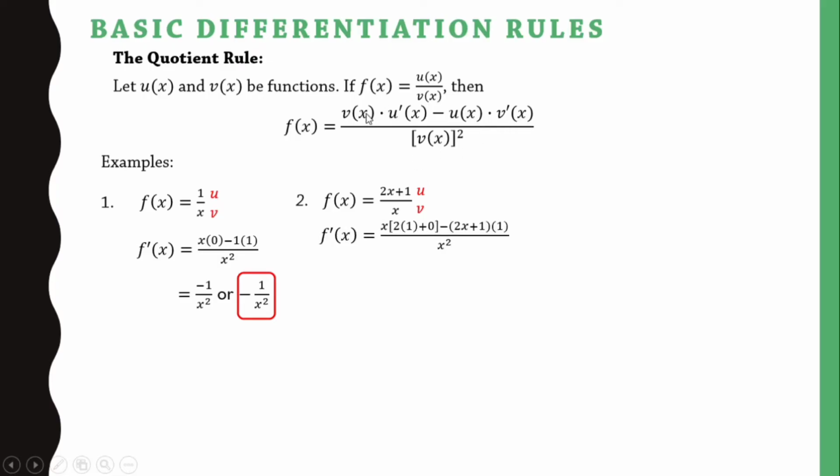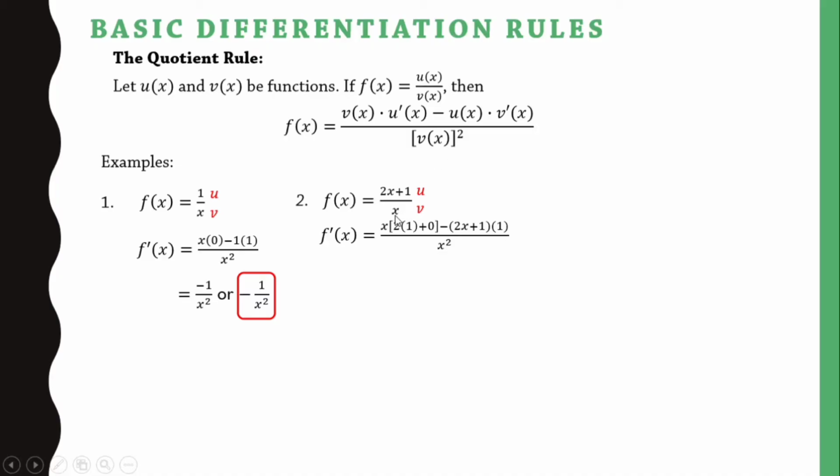So v, simply copy x, then u prime, get the derivative of u. So that's 2 times the derivative of x, which is 1, plus 1. So the derivative of that is 0, minus u. So we simply copy 2x plus 1. And we have v prime. So we get the derivative of x, which is 1.